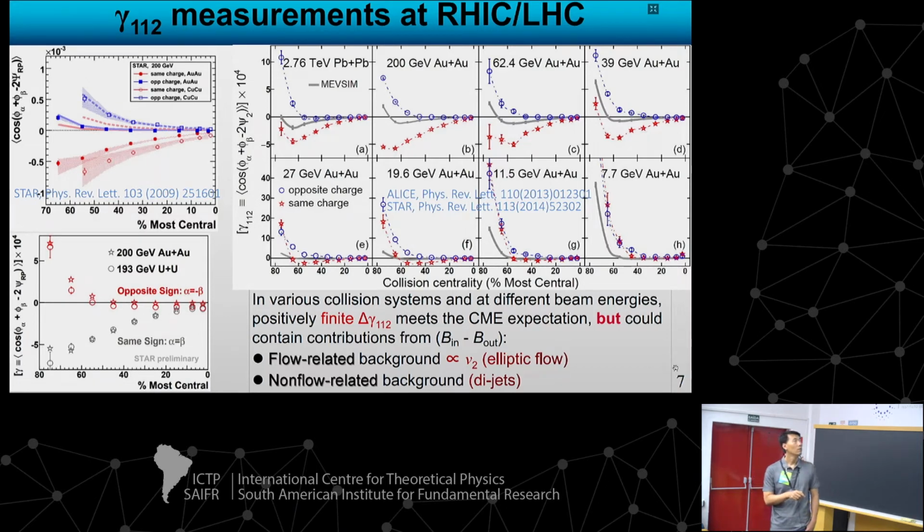So looking at this, we should not be too optimistic. We have to keep in mind that we still have some background contamination from that in-plane, out-of-plane correlation, which is not complete. The background comes from flow-related, basically V2 or elliptic flow-related background, and some non-flow-related background, for example, dijets. So for the past two decades, we have been fighting against such background, trying to get rid of it or control it.